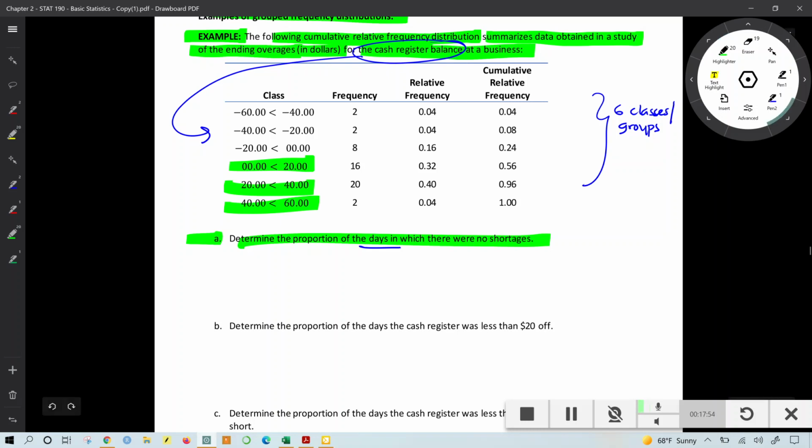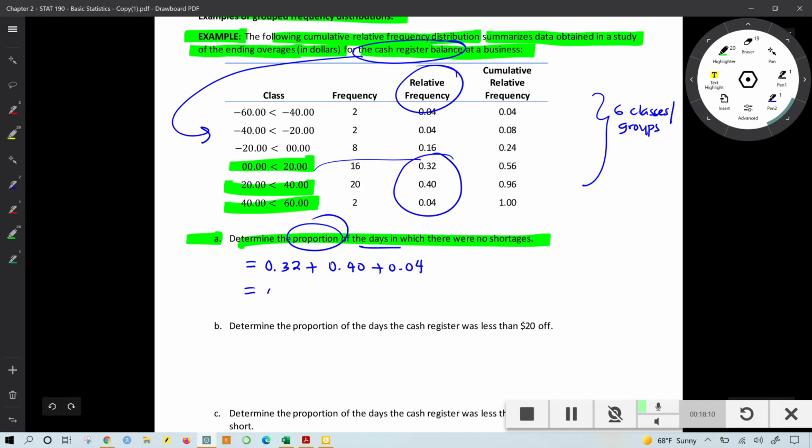Since we're interested in proportion, that matches relative frequency, so it is the combined relative frequencies here: 0.32, 0.40, 0.04. This is equal to 0.76, which is 76%.